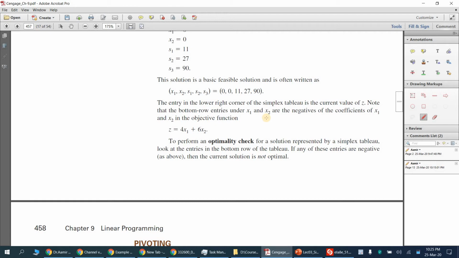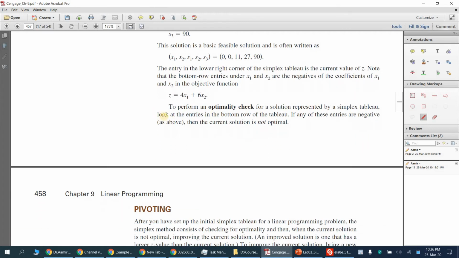So how to check if this solution is good or bad? You perform an optimality check. If you remember, pause the video and give me the answer. To check whether the solution represented by the simplex tableau is good or bad, you look at the entries in the bottom row or the Z row.